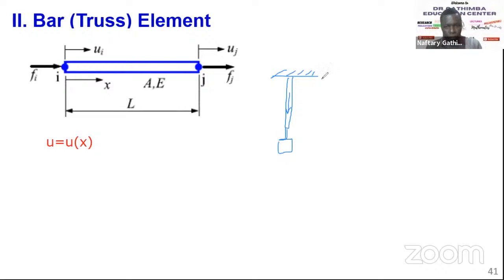In this case, of course, for the displacement U, we can measure the length of this bar from here to here as L. From here to any section, any point, we can define it as x.